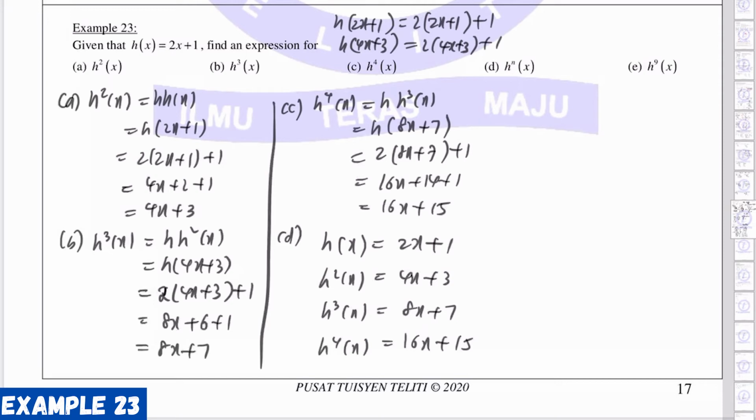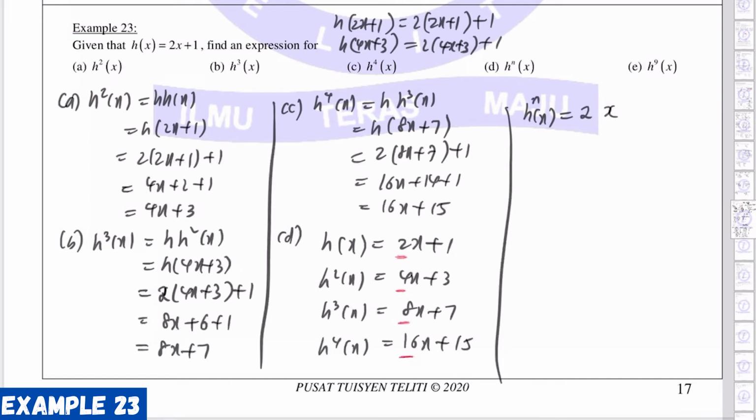Now, number one, you can see that the coefficient of x, there's a pattern here. This is 2, this is 4, this is 8, this is 16. So what we can conclude is that the coefficient of x is actually in the form of 2 power n. So this is hn, right?